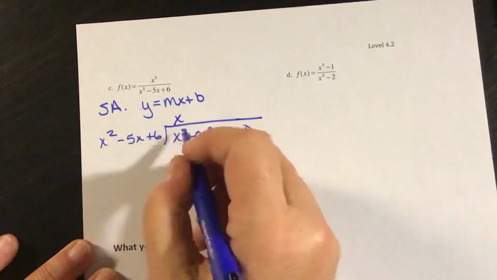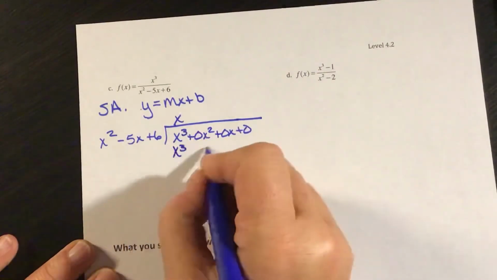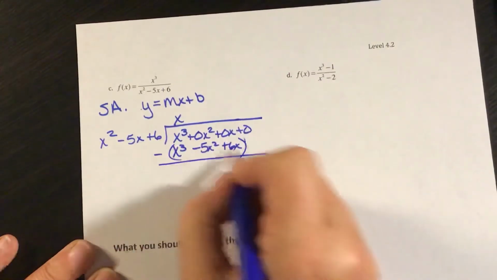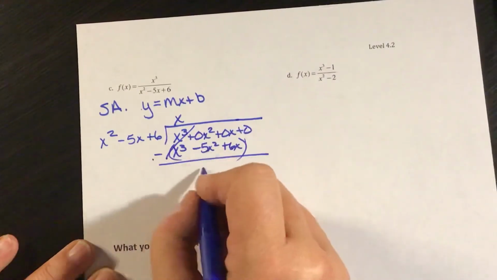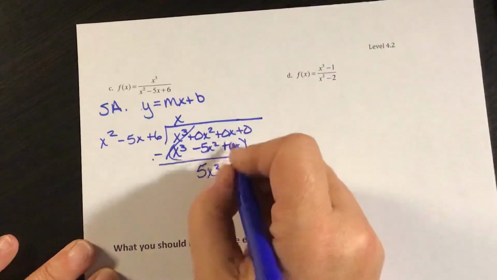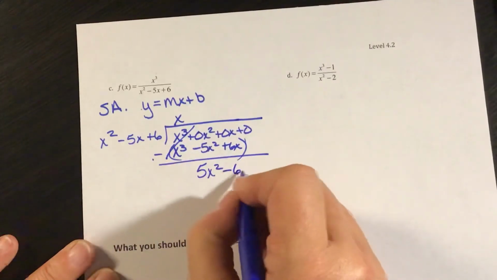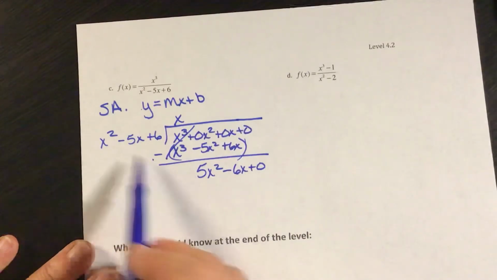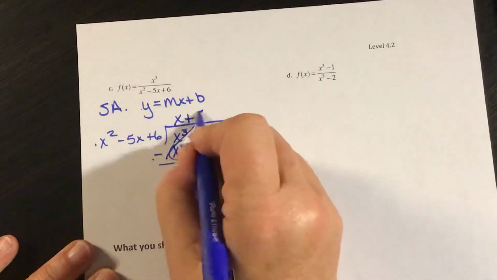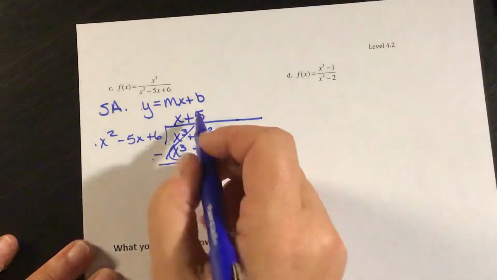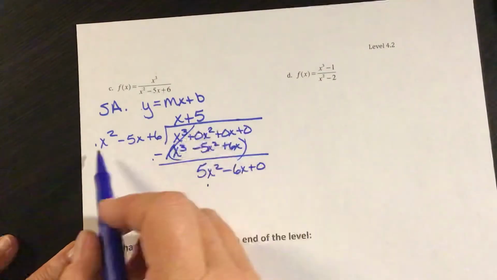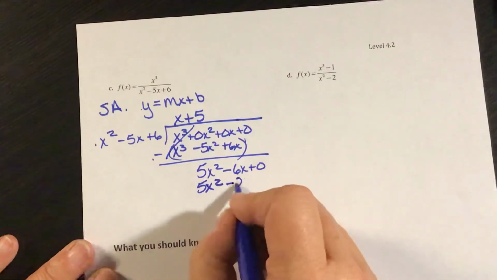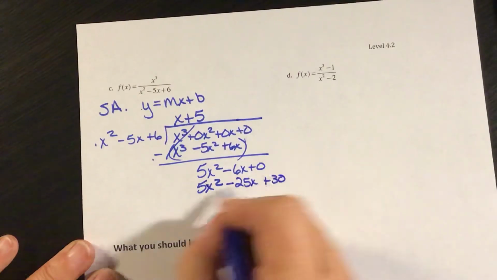X squared times x is x to the third minus 5x squared plus 6x. And I'll subtract here. 0 minus negative 5 is plus 5, and then 0 minus 6x is minus 6x. And then I'll estimate x squared times 5, that's positive 5, and I'm going to multiply 5x squared minus 25x plus 30.